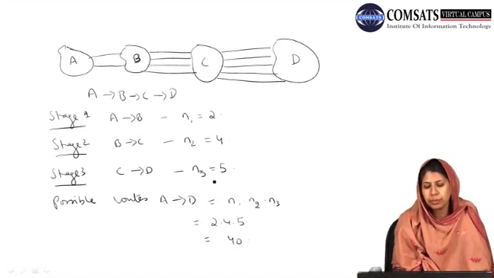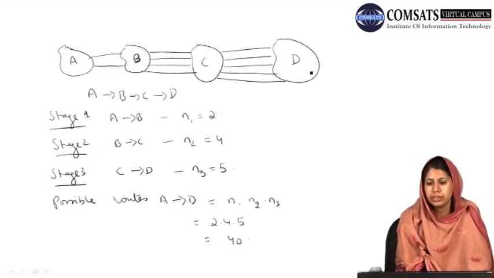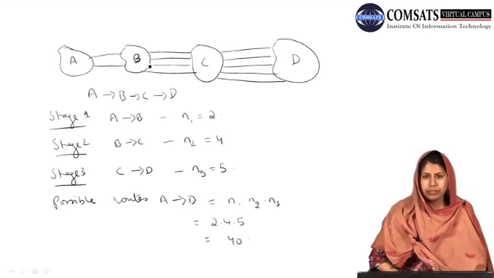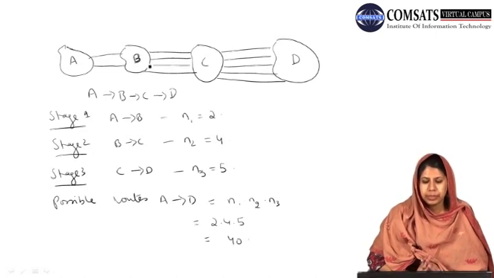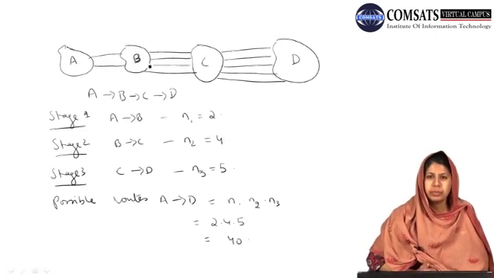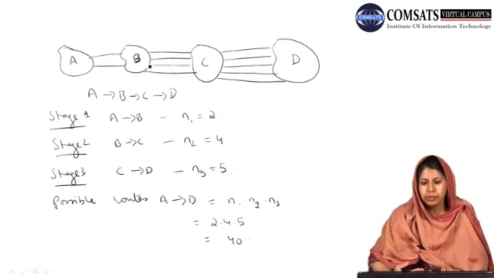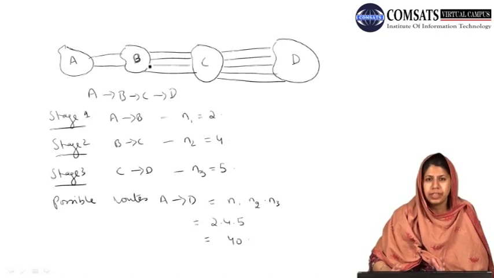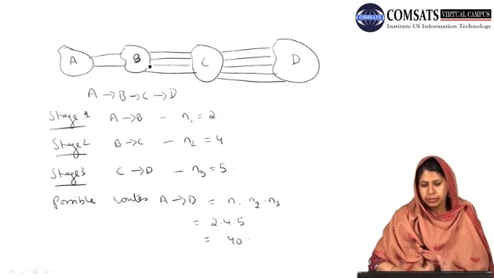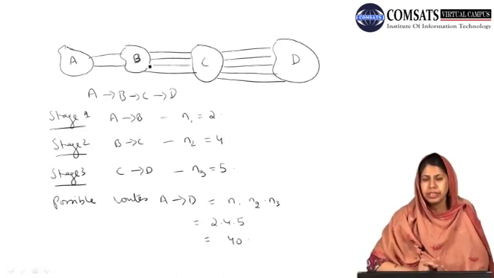So there are 40 possible routes which can be obtained in going from city A to city D via cities B and C. So now we have used our counting principle to obtain the number of possible outcomes when different events are happening. And we have to keep in mind the order of the events happening. That is, in this example, first is going from city A to B, second is from B to C, and third is from C to D.